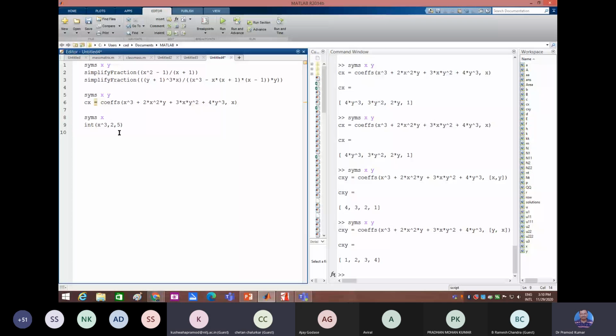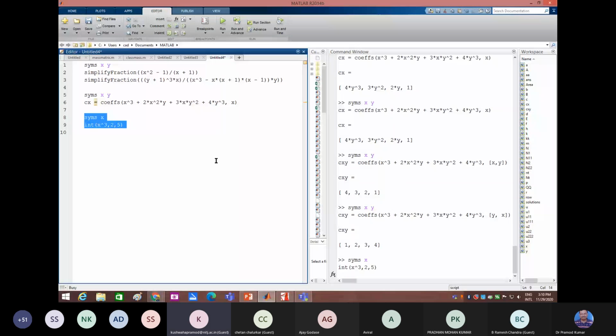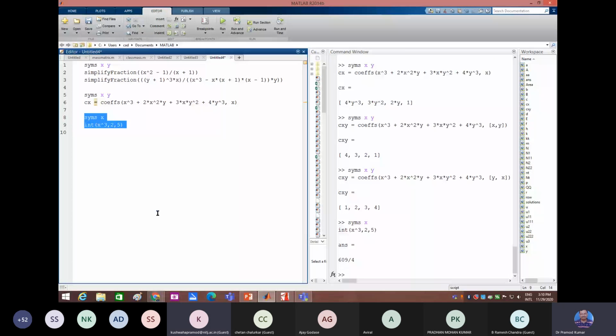Write in the chat box. 609 by 4. Okay, let us check. 609 by 4. Correct? Chetan. It is correct. Yes, sir. 609 by 4.